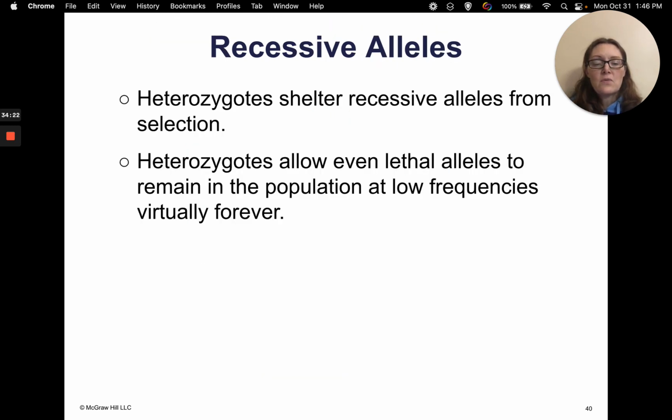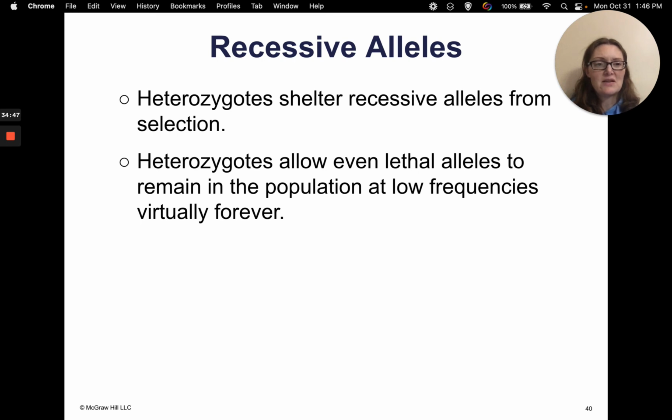So recessive alleles often hide in a population, and that's because the heterozygous individual hides the recessive allele and prevents it from being fully expressed. The recessive allele is still in the population, but the dominant allele will hide it when you have a heterozygous individual. A heterozygous individual allows even lethal alleles to remain in the population.